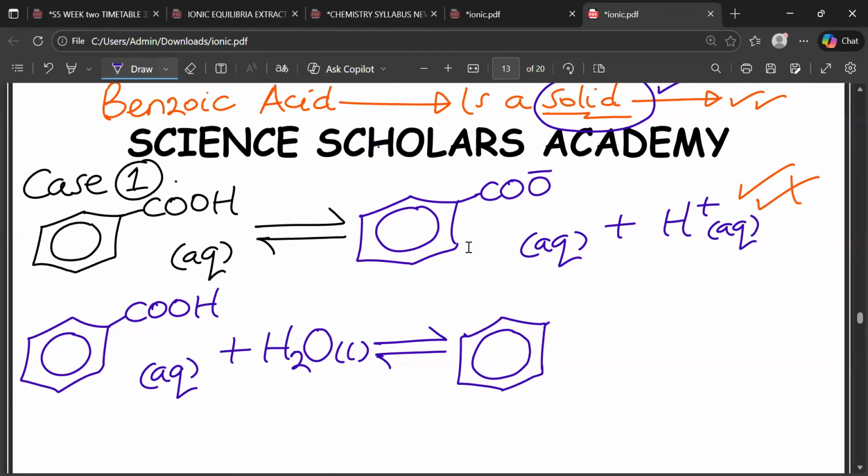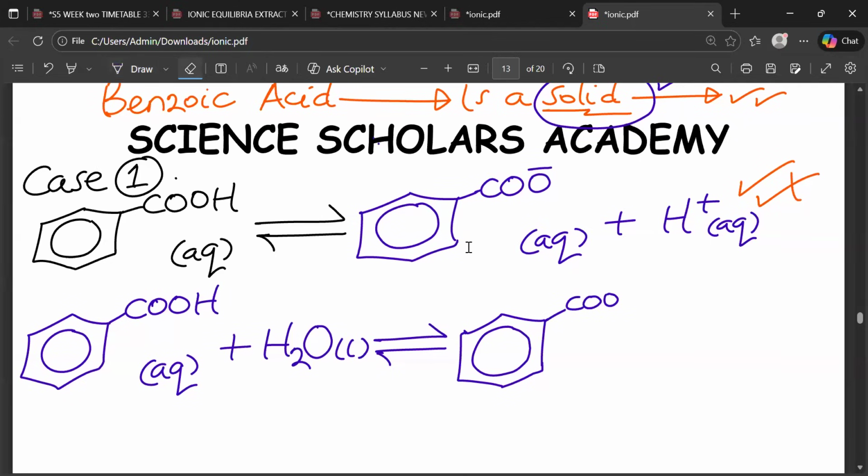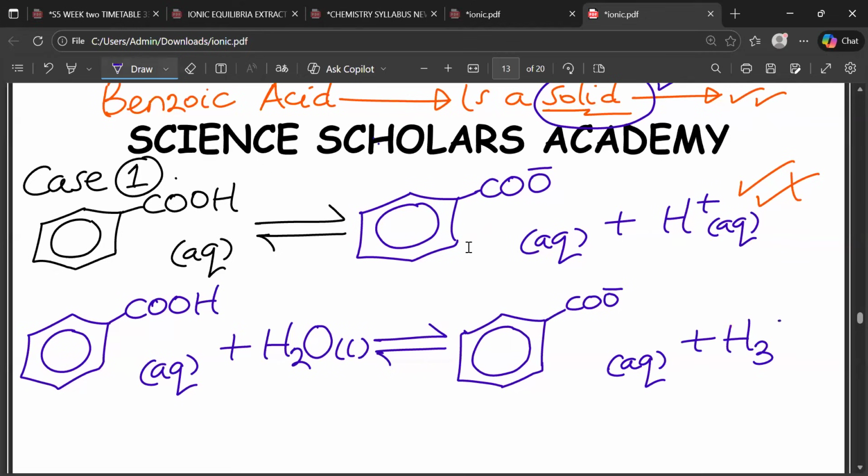So this one is the ion again. But this time round, we cannot generate the proton alone. Water picks it up and we get the hydroxonium, oxonium, or the hydronium ion. H3O+, like that. That's how it's supposed to look.